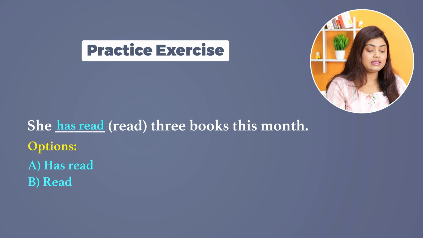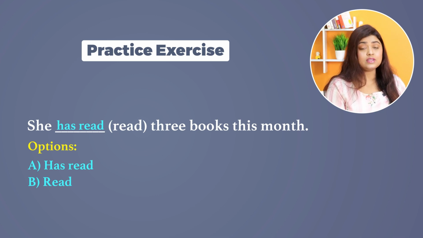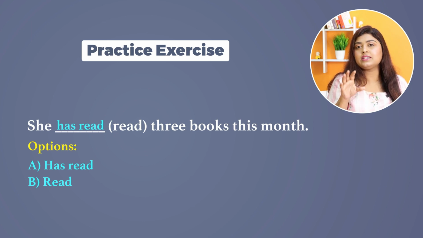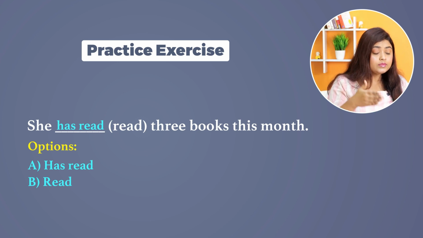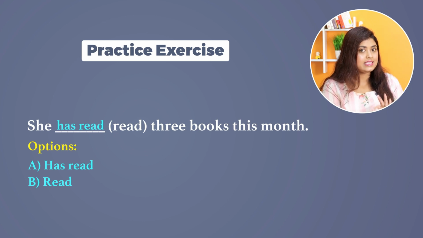She has read 3 books this month. Now you can ask, ma'am, why has read? Because as you can see, I'm talking about this month and I'm talking about an action that has a relevance to the present. So here I'm talking about the experiences, the result. So I have used present perfect in this sentence.